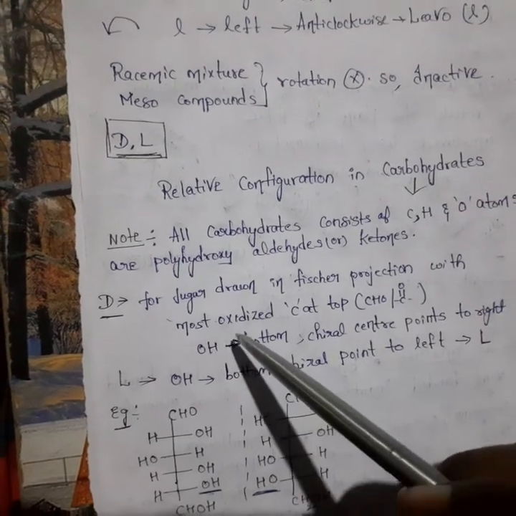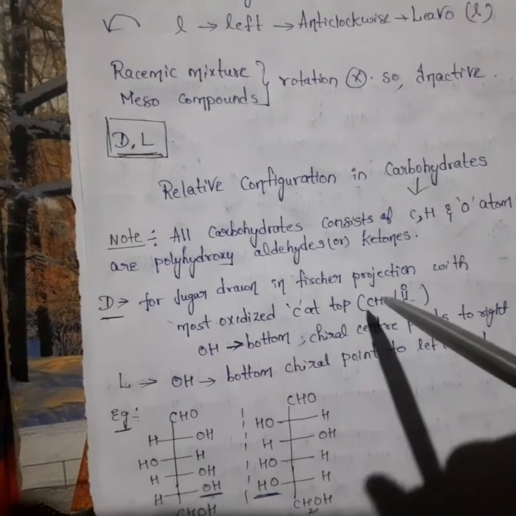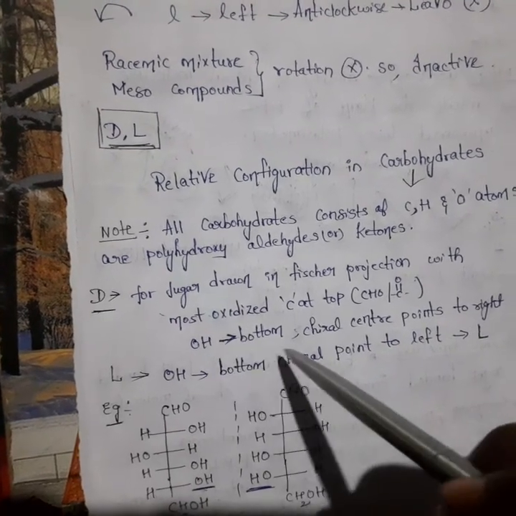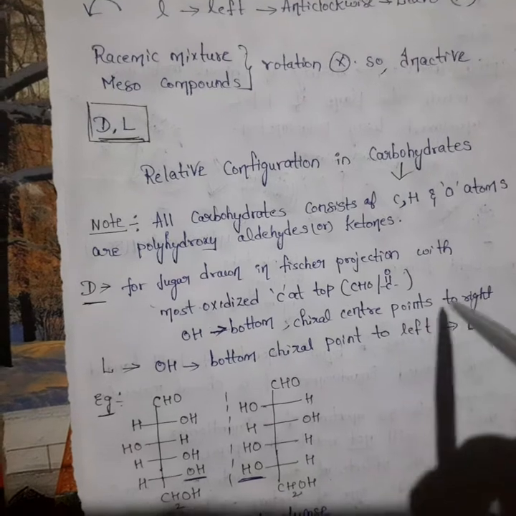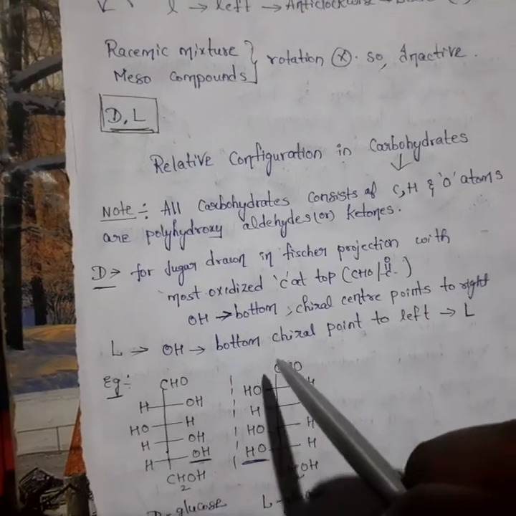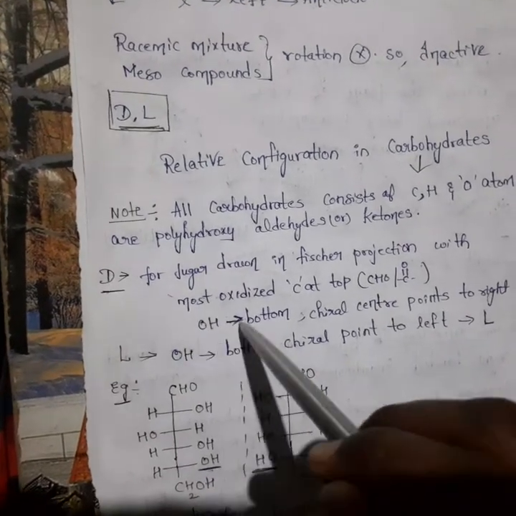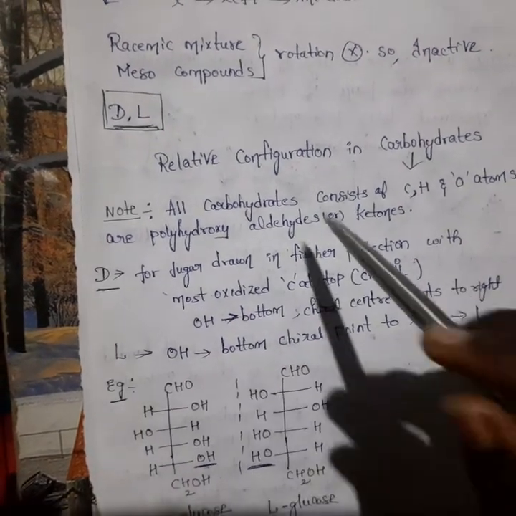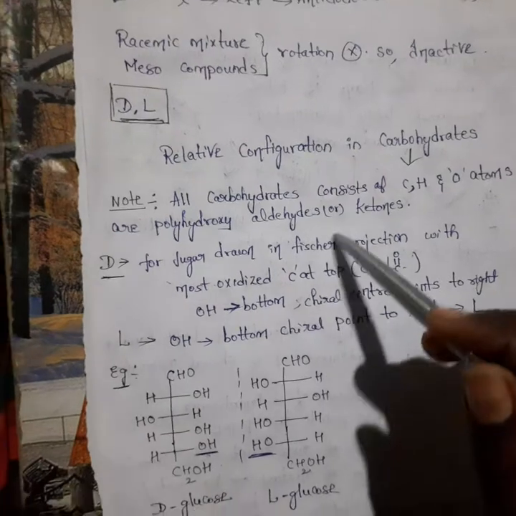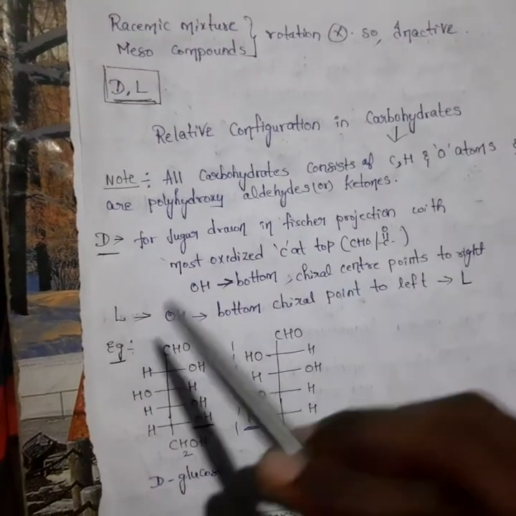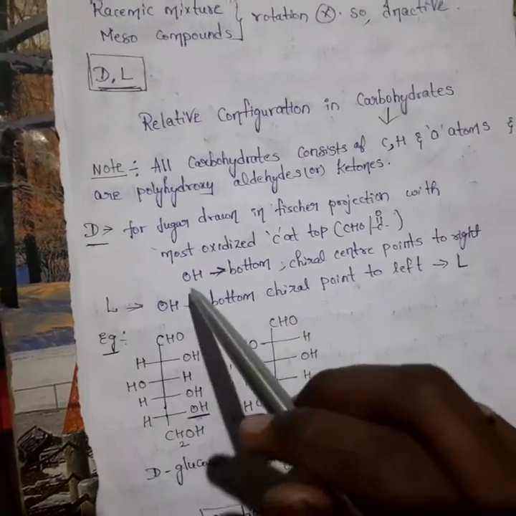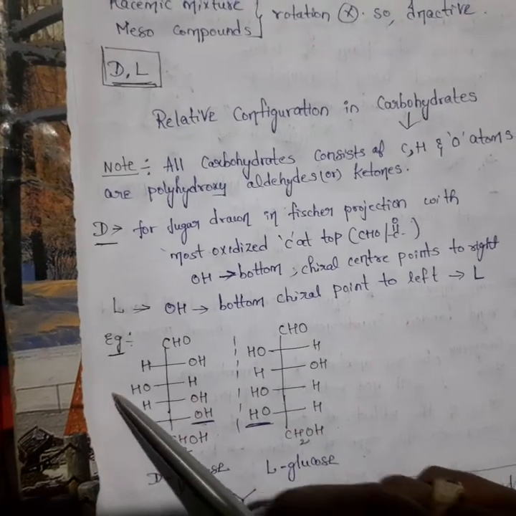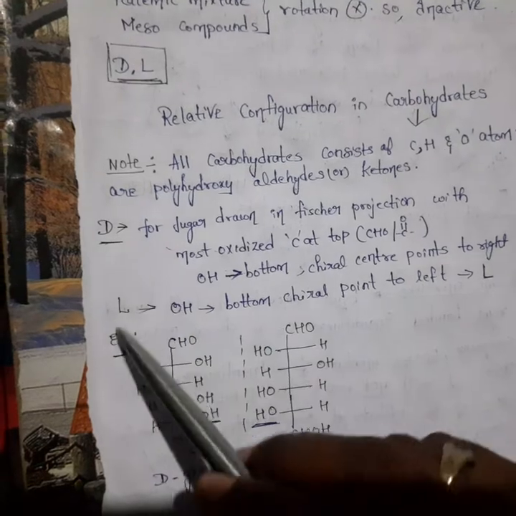So if the most oxidized carbon containing group is present at the top and the hydroxyl group at the bottom chiral center points to the right, means this hydroxyl group is present towards the right from the chiral center, then that is capital D. For capital L, this hydroxyl group should be present at the left side from the chiral center. So that is capital L.